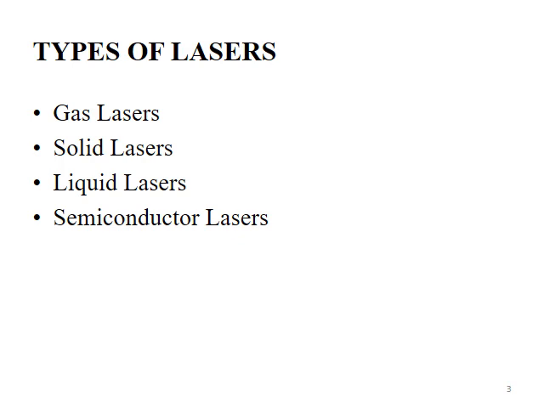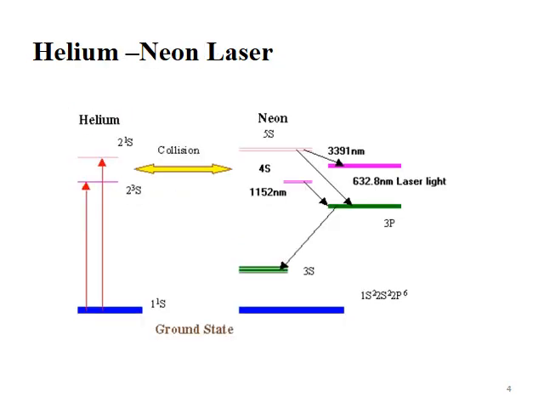The lasers can be divided, according to the active medium used, into gas lasers, solid state lasers, liquid lasers, and semiconductor lasers. First, let us see about the gas laser.